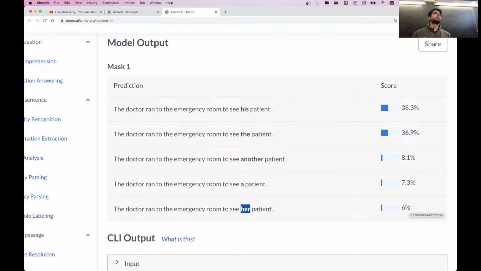You might want to know why this word "his" has a high probability and why "her" does not, right? And so you might want to ask the question, when the model is making this prediction of what is going into this mask token, which words in this sentence are contributing the most to this prediction? So that's one example of a question that you might ask with a probe.